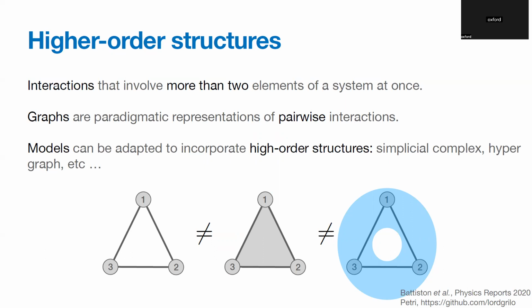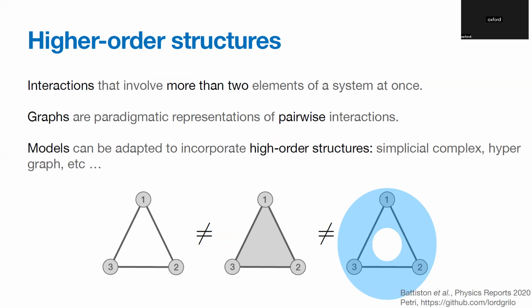Graphs are limited to modeling pairwise interactions, right? Even if you have a triangle, you're only really looking at pairwise interactions and not necessarily at three-way interactions. If the three members of the triangle are doing something together in a synergistic way, you wouldn't necessarily be able to capture that in a single triangle.